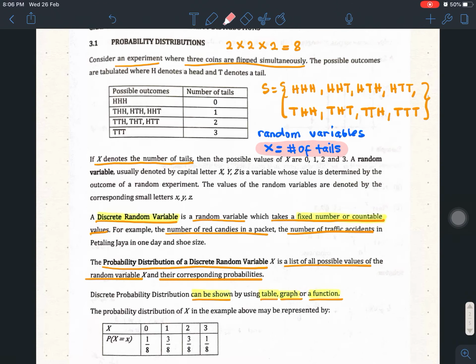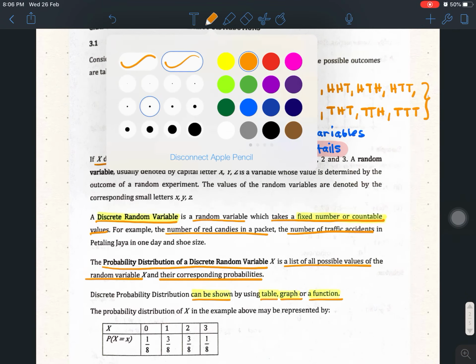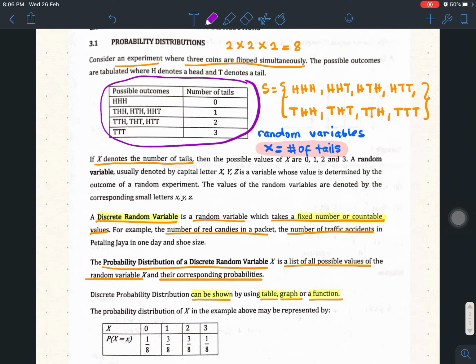Now if you look at this table, they put it in a nicer way, where you have the possible outcome and the number of tails. If you look at the sample space, for example head, head, head: is there any tail?